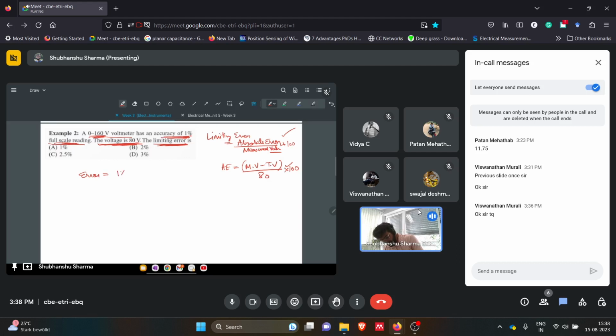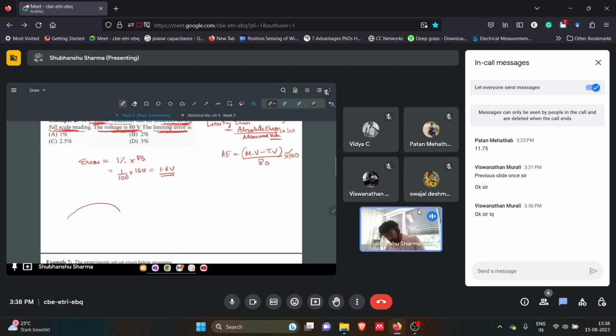So what is full scale? That is 160 volts. So it will always be 1% of 160 volts, that is 1.6 volts. Now what happens when we read this 80 volts? The meter looks something like this.